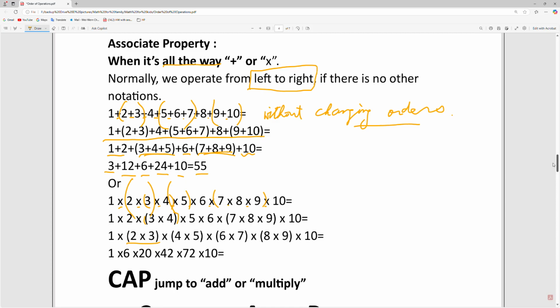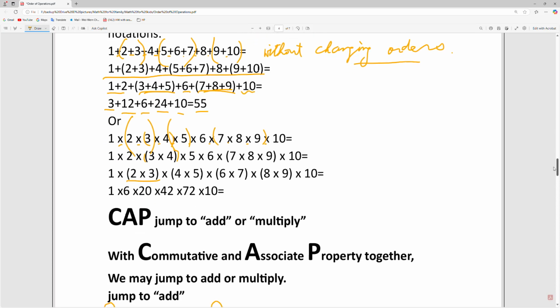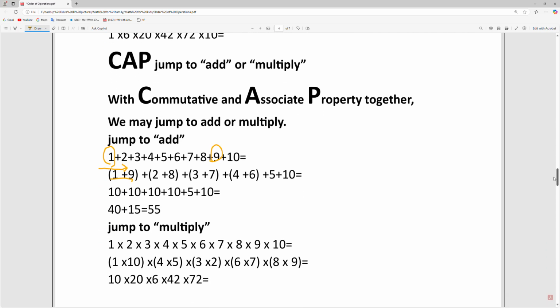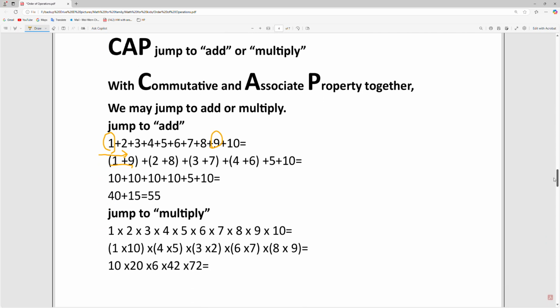My purpose for this video is to help you with something hard to memorize or understand. Okay, and with the commutative property and associative property, this is my own creation.